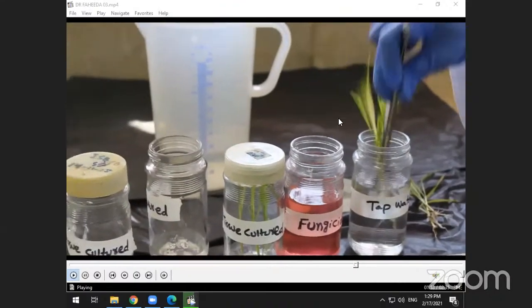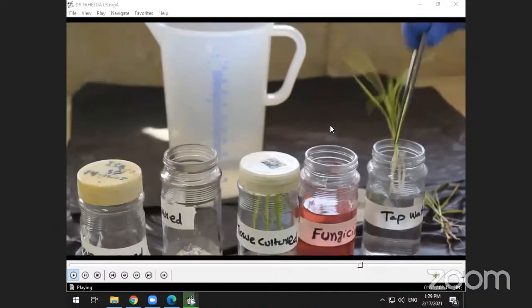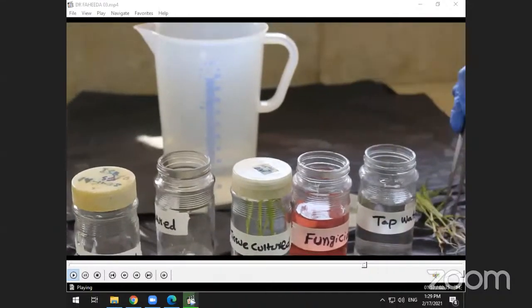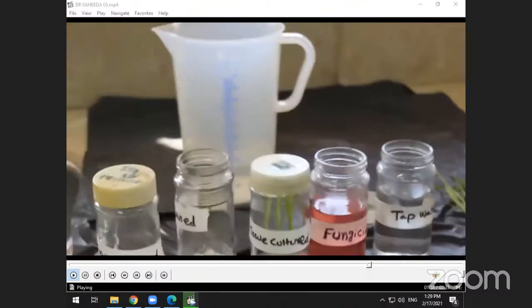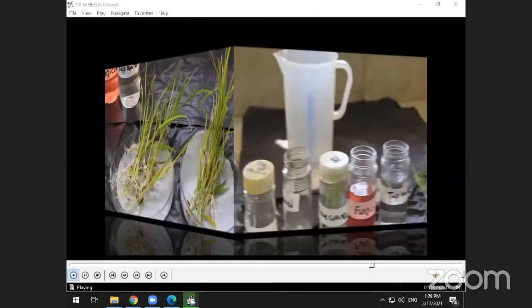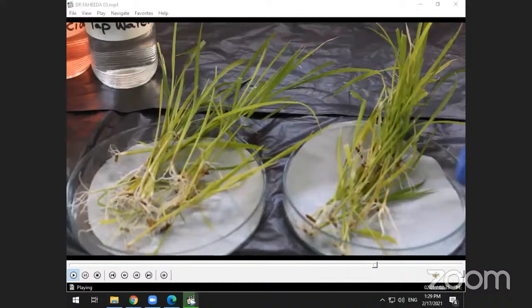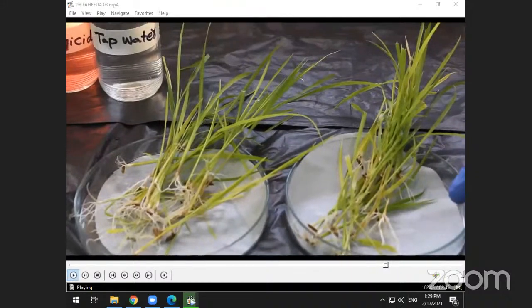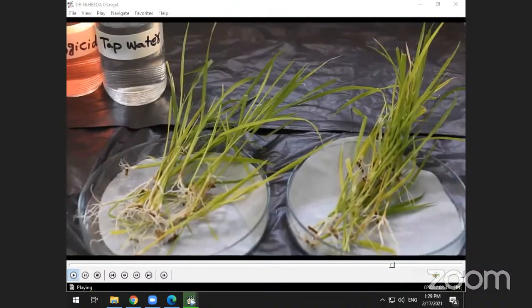Again, rinse the plant with the tap water. After proper washing, these plants are now ready to be transferred in the greenhouse for acclimatization purpose.